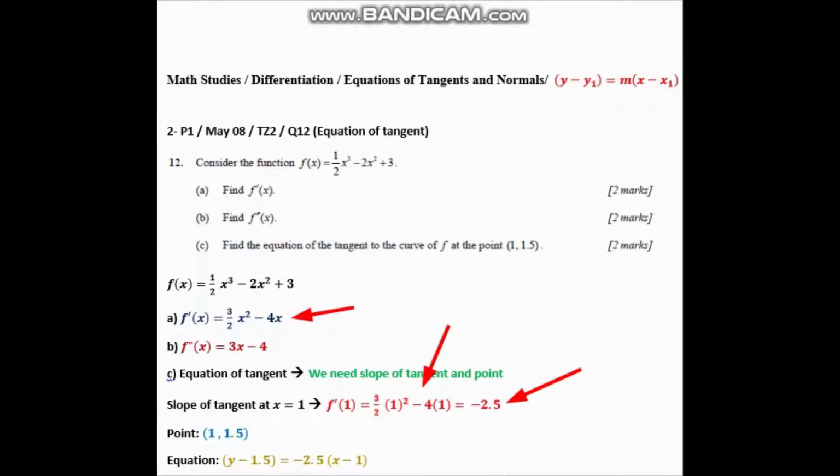So I'm going to plug the x and y values into my formula, as well as the slope instead of m, getting the equation of the line, which is y minus 1.5 equals negative 2.5 times x minus 1. This is the correct final answer. Take a minute to copy this down if you will. I shall begin question number 3 shortly.